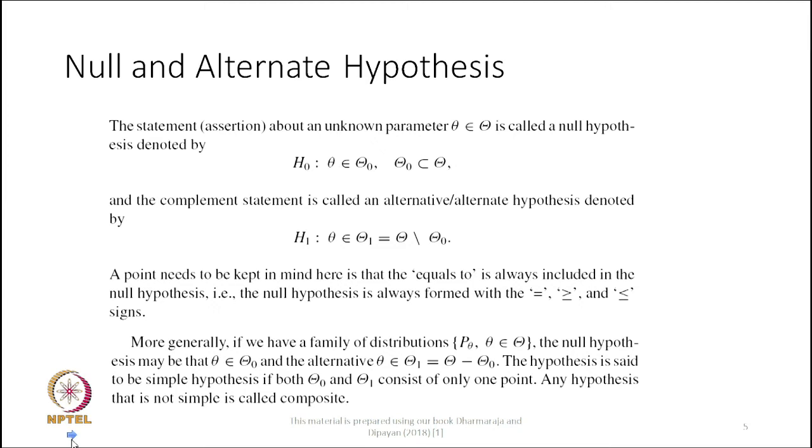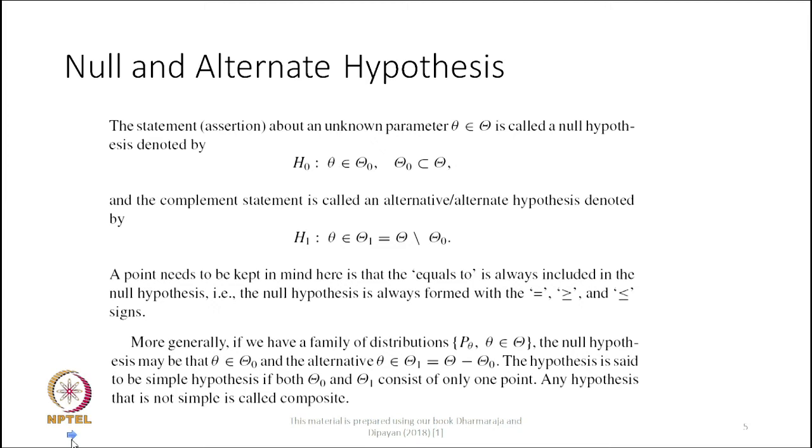If theta naught and theta 1 each have only one element, in that case the hypothesis is called a simple hypothesis. The negation of a simple hypothesis is going to be composite. That means if theta naught and theta 1 have more than one point, then the hypothesis is composite.